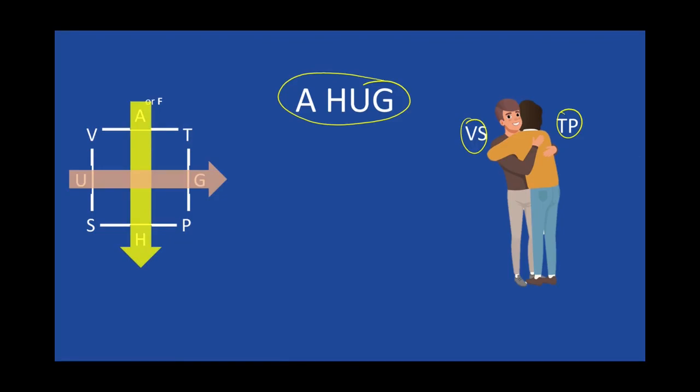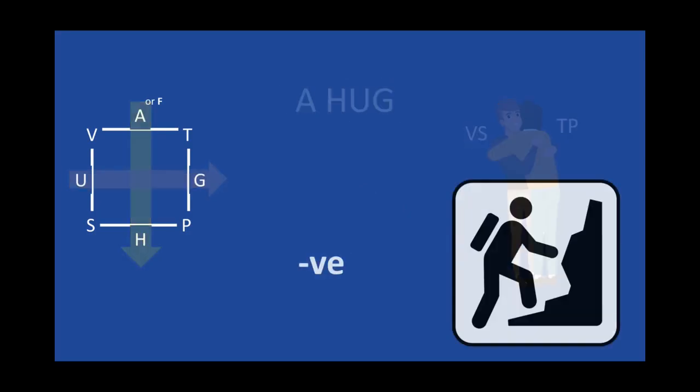So Vasu, V S, T P, Tippu. And a hug, A H U G, like this you can remember.